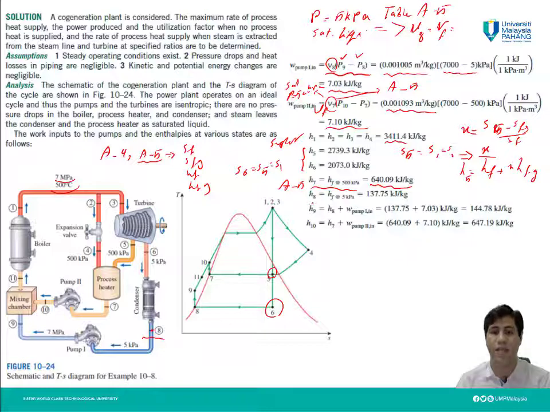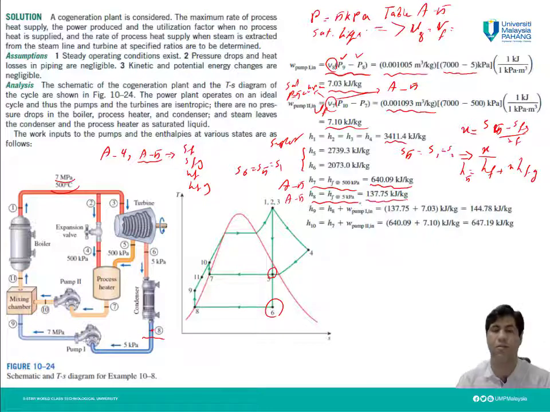And h8, if you notice in the diagram, is after the condenser. We have saturated water again, and we need to go to table A5 and find hf, where the pressure is now changed to 5 kilopascal.